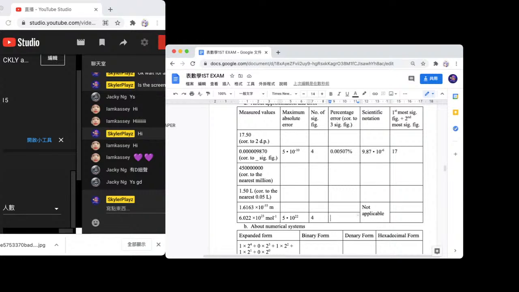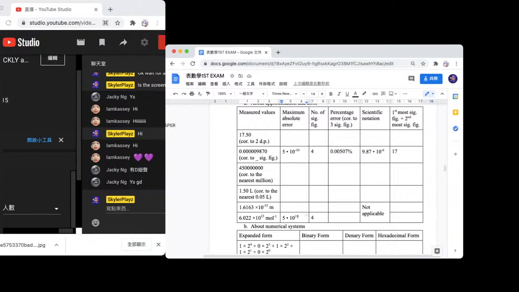So we can do 0.5 divided by 6.022, and we can get the answer. That's only the relative error. To do the percentage, oh, I found something wrong. Okay, 21, 20. Oh, this is 19, and therefore 20, 21, 20, 19, 20. So just 0.5.